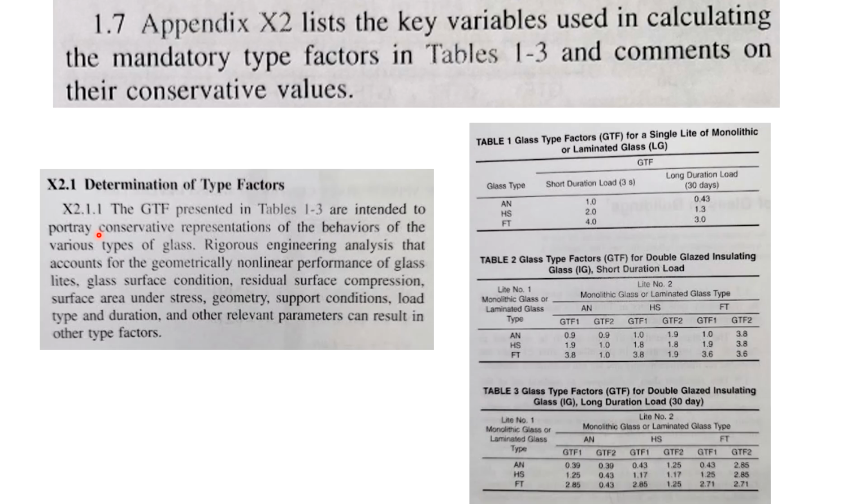It says a procedure to determine the probability of breakage of monolithic glass. X2.1, the GTF, the glass type factor. This is the first time we've seen this term: GTF, glass type factor.